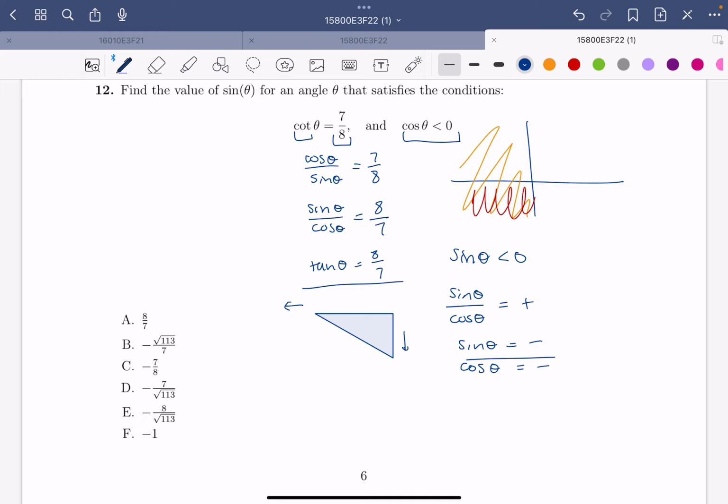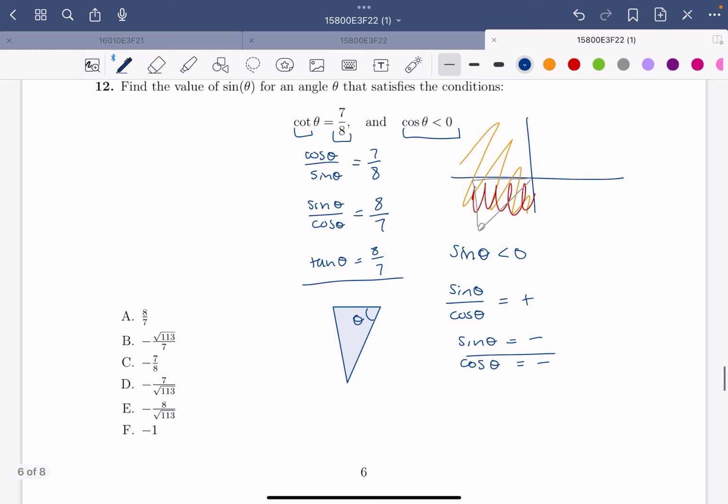Actually, I'm going to redraw this triangle. The triangle actually looks like this. There's a little bit of an oopsie right there, where theta's over here, because if you were to draw this arrow right here, you would see it would look like this. So our triangle looks like this.